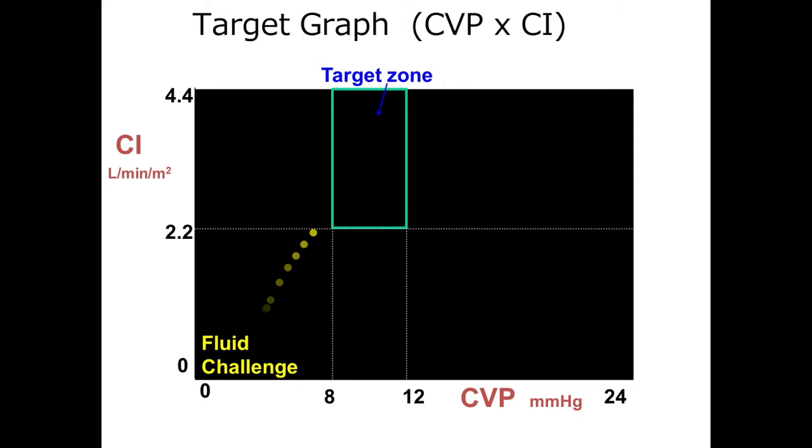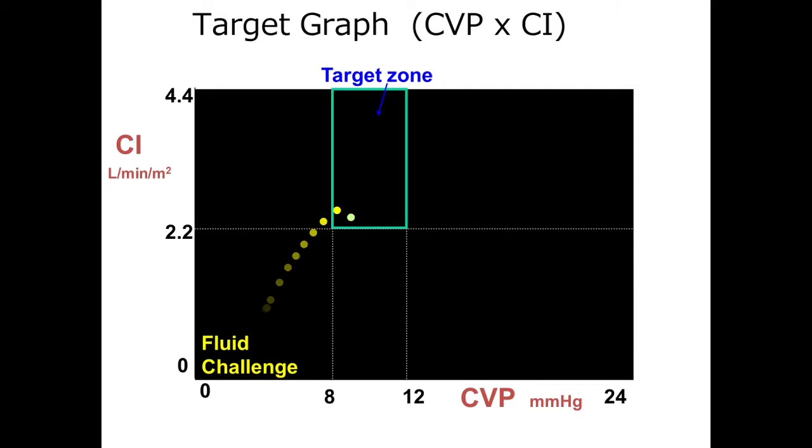Still, the doctor can keep going, and when the patient condition comes into the target zone, this is the time to stop the fluid. Because if they keep the fluid challenge going, the patient will have too much fluid and too much blood inside, which causes lung troubles or heart troubles.